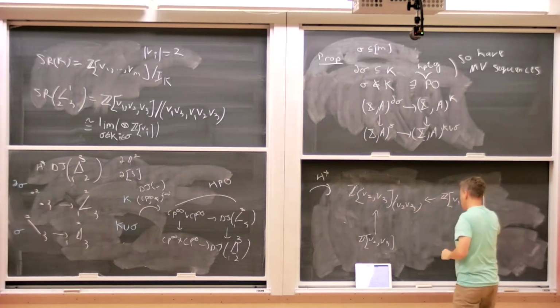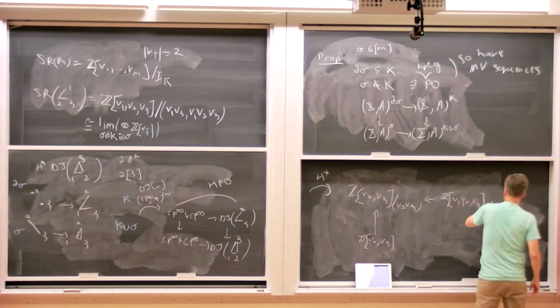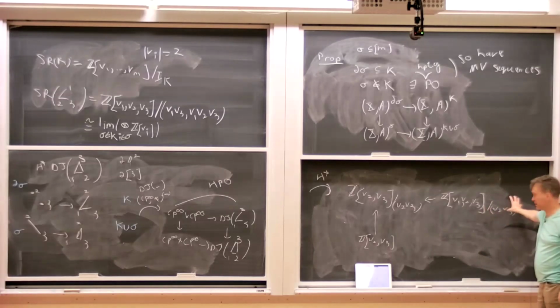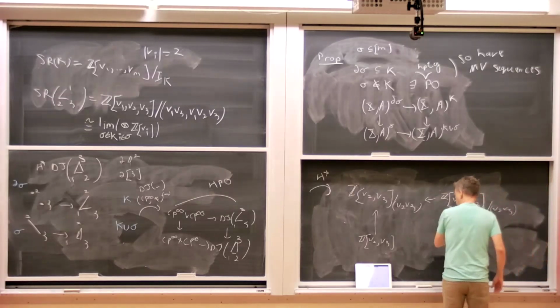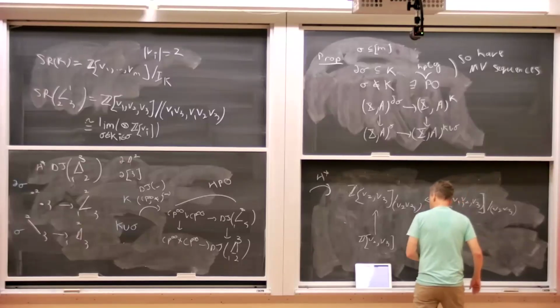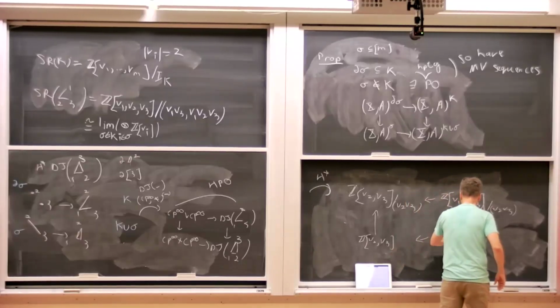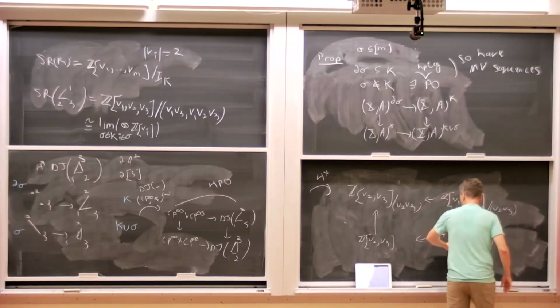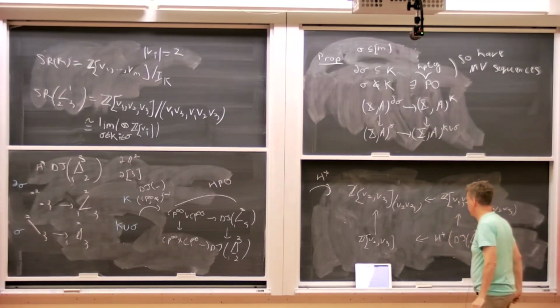We already did this example. You mod out by V2 V3. You don't have to mod out by V1 V2 V3 because it's already in this ideal. And then here you would get basically a question mark: H upper star of DJ of {1, 2, 3}. Then you can apply Meyer-Vietoris.